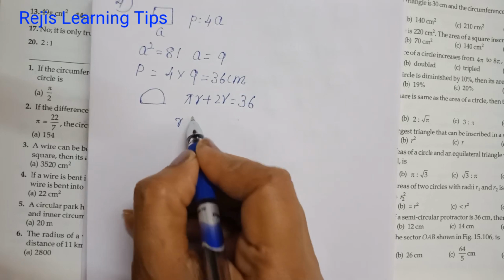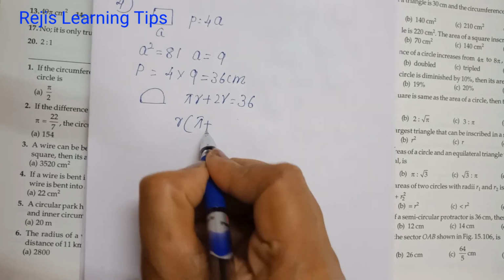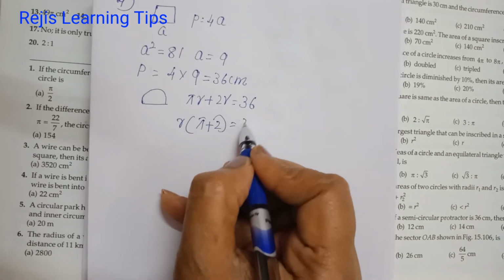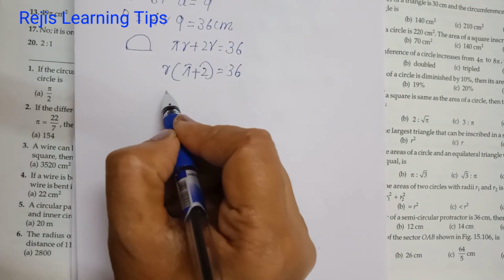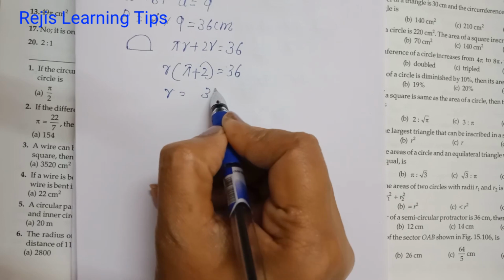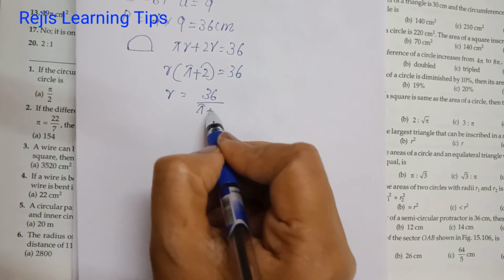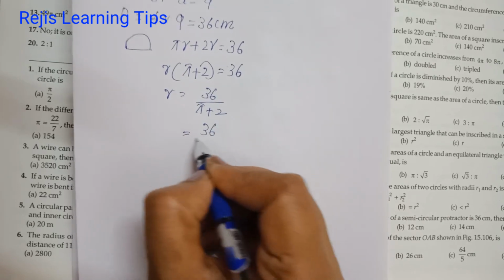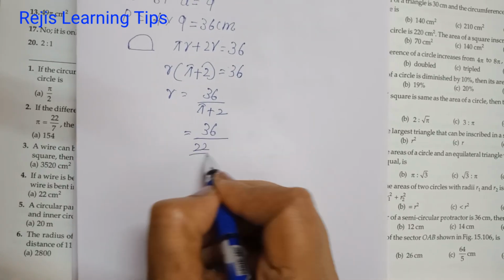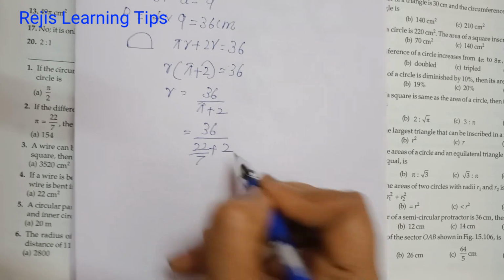Then r into pi plus 2 is equal to 36. Then r is equal to 36 divided by pi plus 2, that is equal to 36 divided by 22 by 7 plus 2.